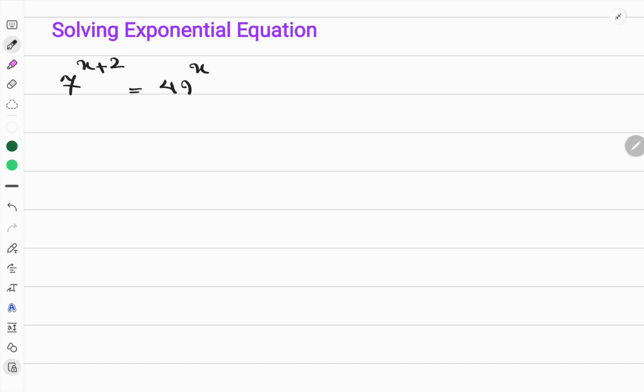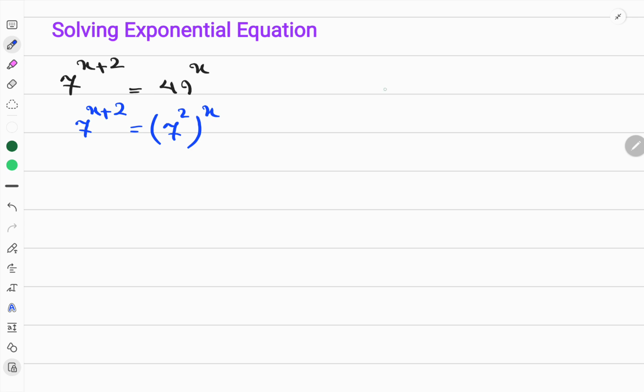And this is the second question. 7 to the power of x plus 2 equals 49 to the power of x. So you know that 49 equals 7 times 7, which is 7 squared, raised to the power of x, and we have 7 to the power of x plus 2.